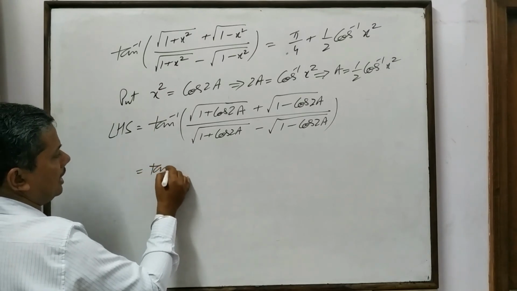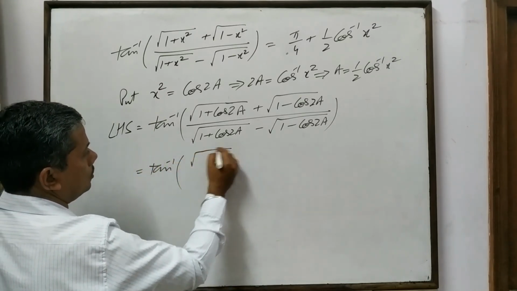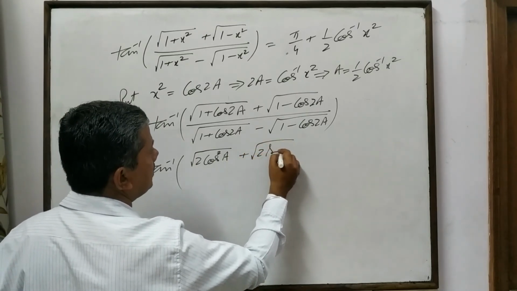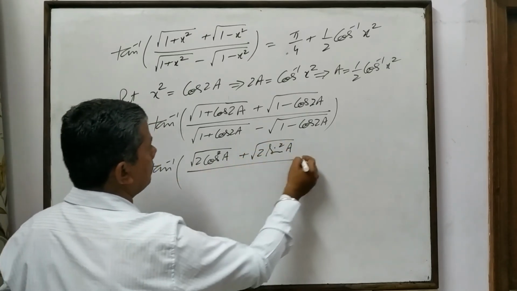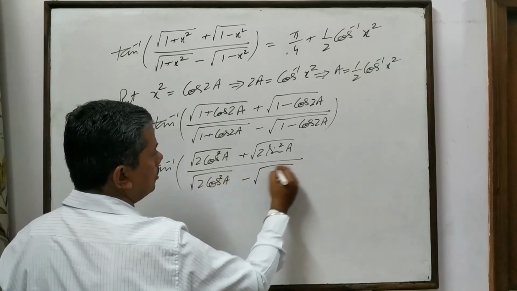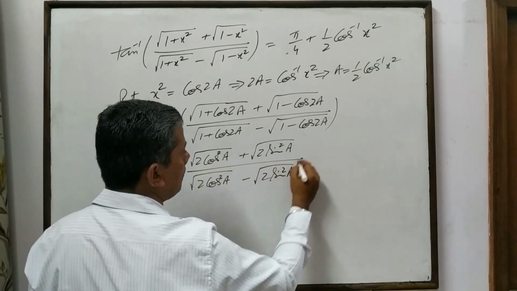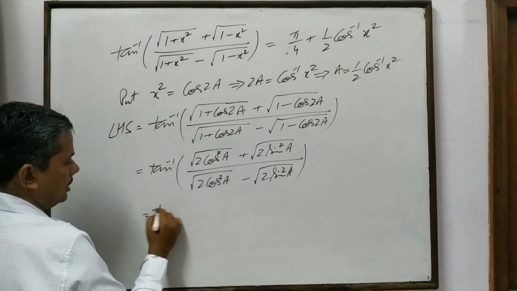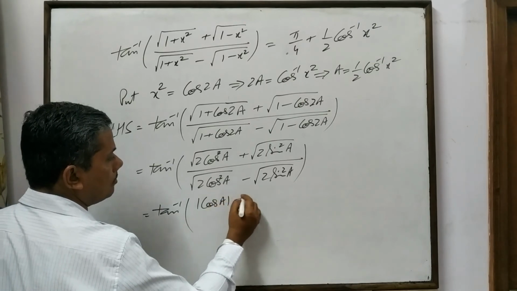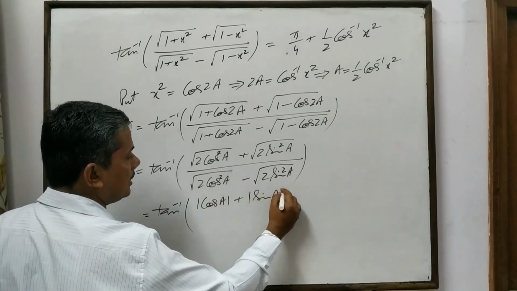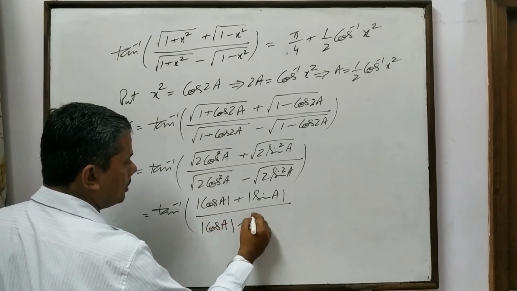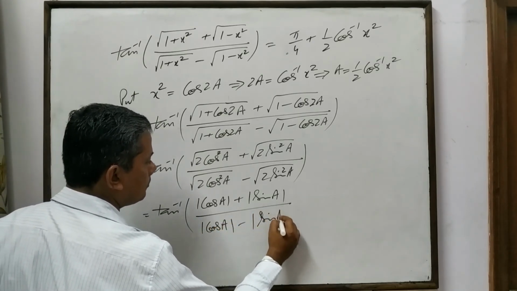So this is tan inverse of root 2 cos square a plus under root 2 sin square a upon under root 2 cos square a minus under root 2 sin square a. So this is tan inverse of mod cos a plus mod sin a upon mod cos a minus mod sin a.